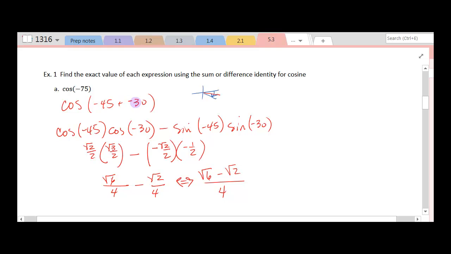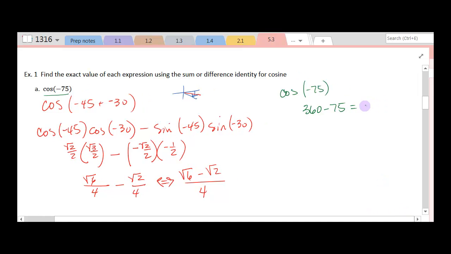Now, one other thing I want to point out. What if I came up with another way to get the cosine of negative 75? I could use 360 minus 75, which gives me 285.